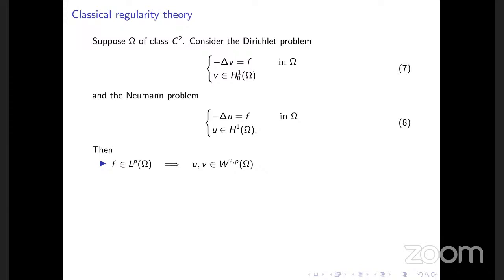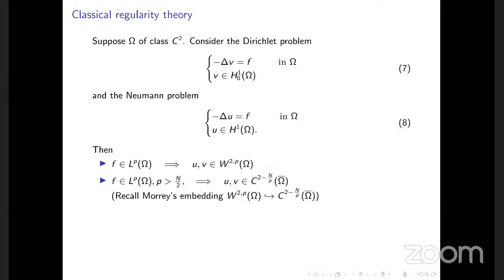And you see, it's W^{2,p}, and when I consider W^{2,p}, it means I have interesting things up to the boundary, and in fact, a simple implication is that if p is large, then I am in C^{2-n/p} up to the boundary.